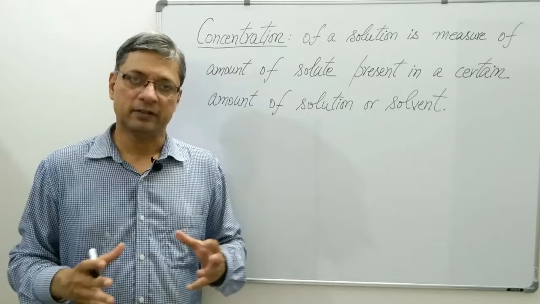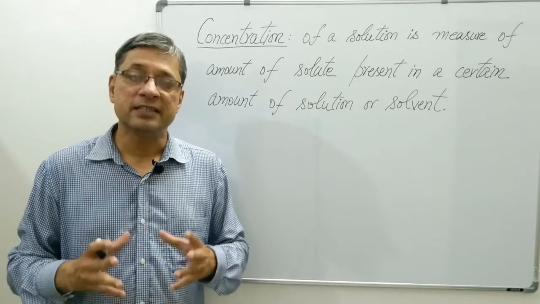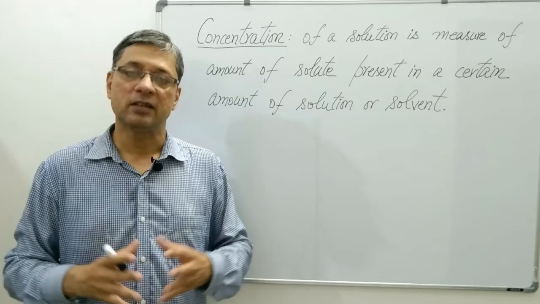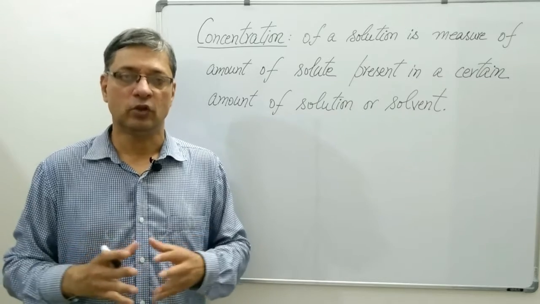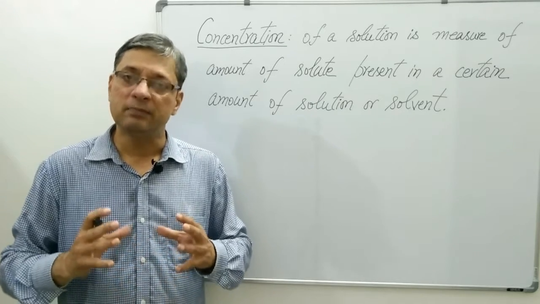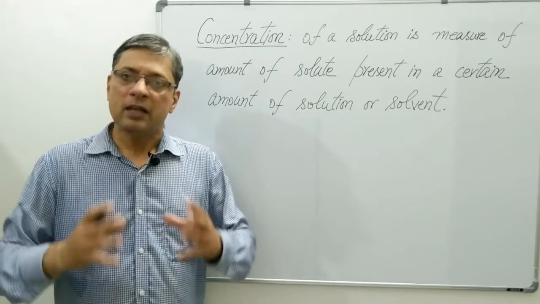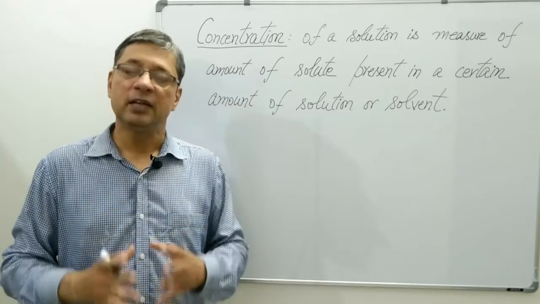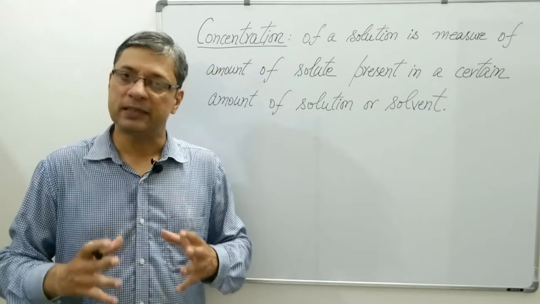For commercial products, concentration is expressed in ratios of mass to mass or mass to volume. And these ratios are expressed in percentages. Means you have to first find the ratio and multiply it by 100 to convert it into percentage.